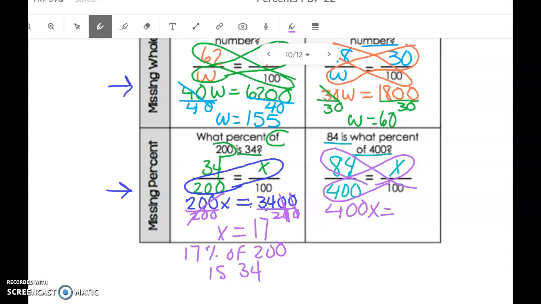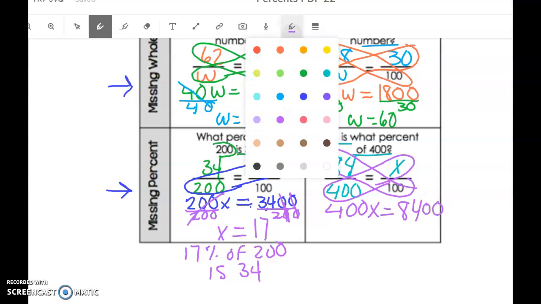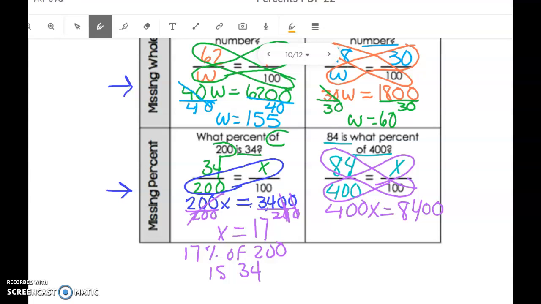And 100 times 84 is just 84 with 2 zeros. Now, the division on this one's pretty easy. Let's get rid of that 400 so we can get X by itself. Goodbye, 400. So that leaves me with X is equal to 84 divided by 4, which is going to give us 21. And that is how you use percent proportion to find any part of a percent problem.